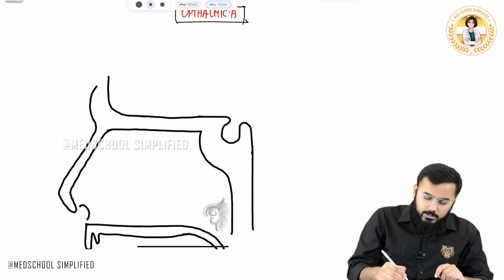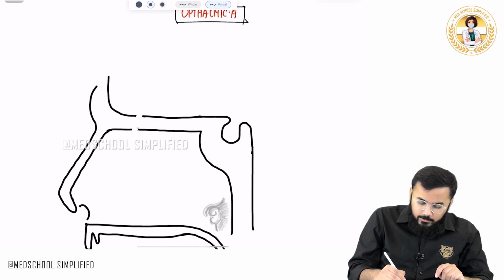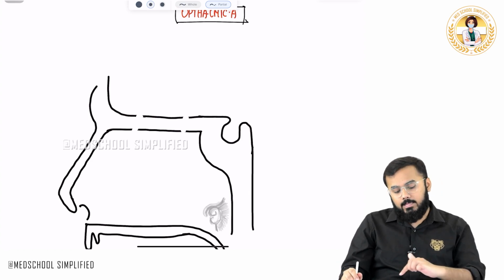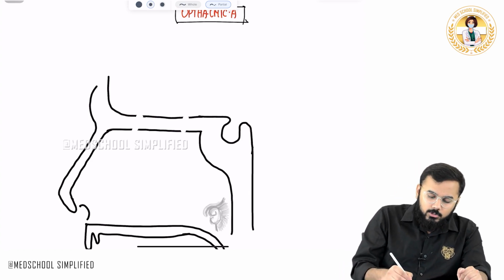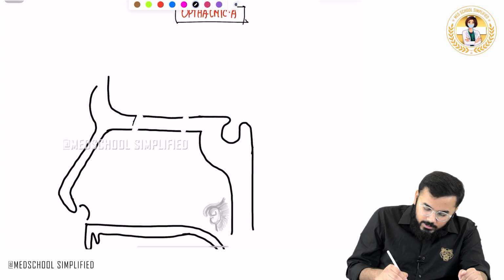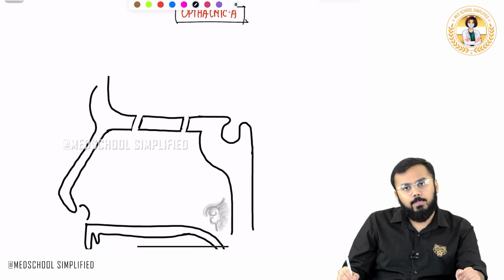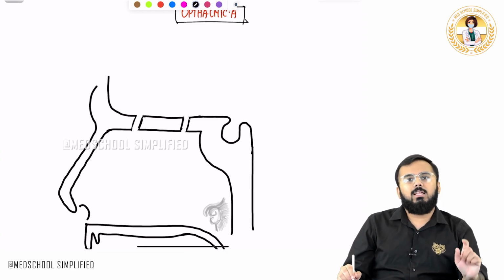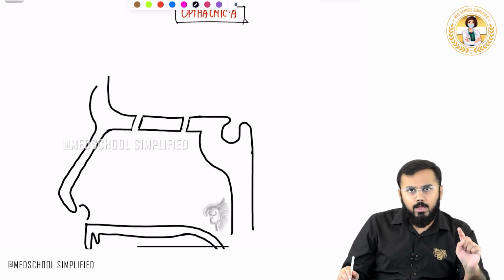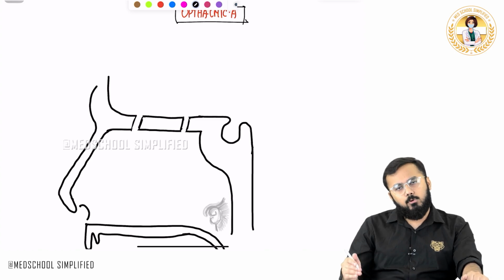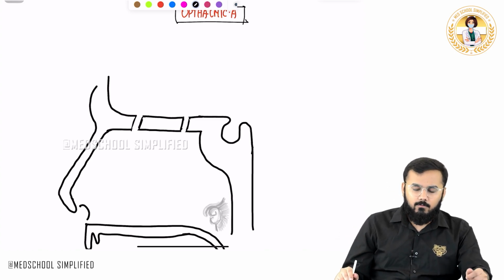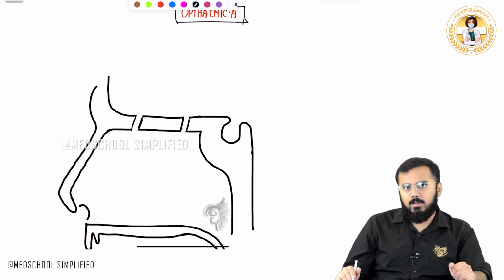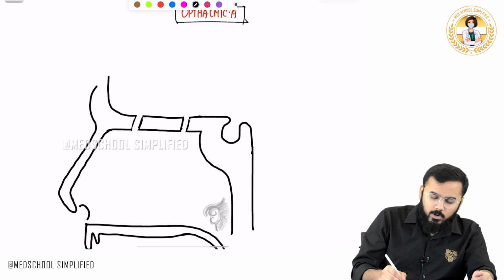Before that, you should understand one very important thing, that this part which I am rubbing right now is your ethmoid bone. This ethmoid bone has an opening in the front, called the anterior ethmoidal foramen, and an opening in the back, called the posterior ethmoidal foramen.